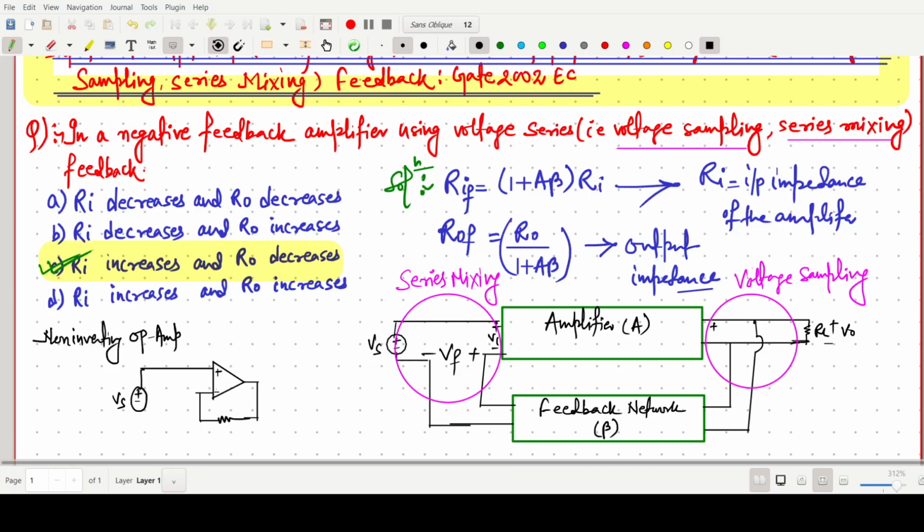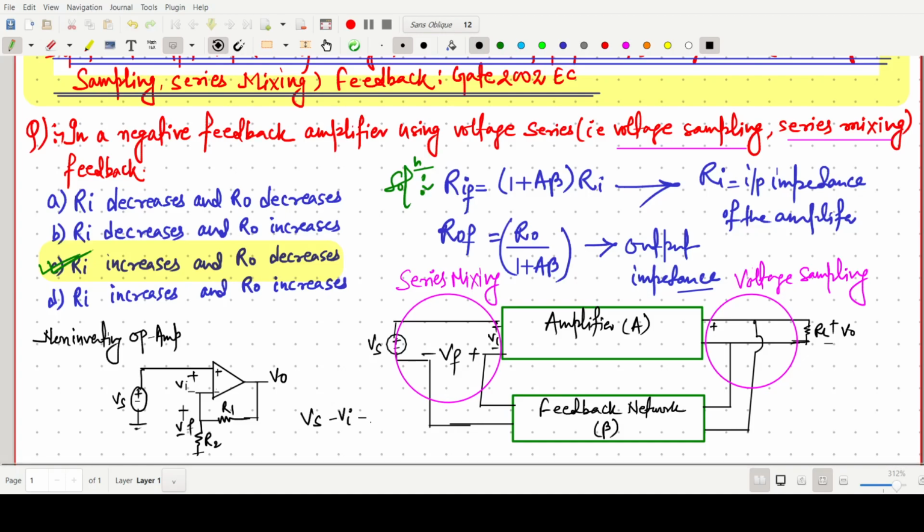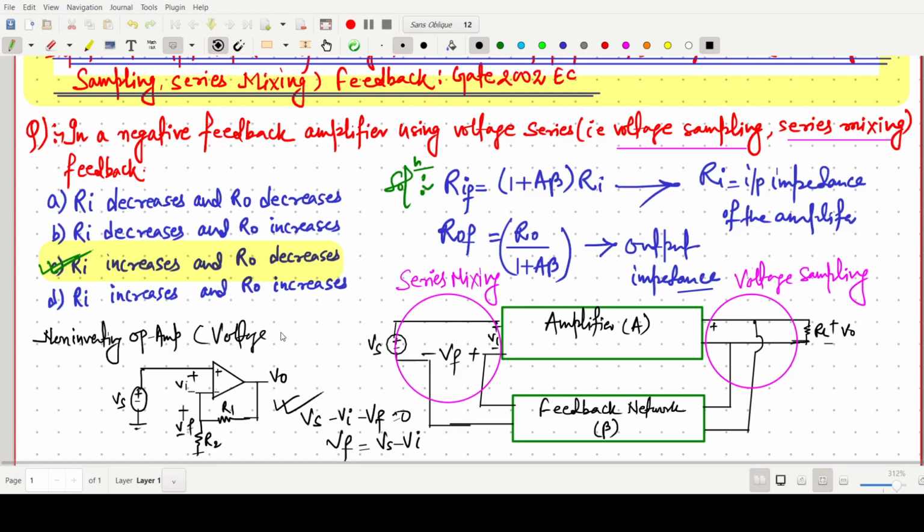This one is also a negative feedback. Say R2, R1, this one is V naught. This will be our plus minus Vi, plus minus Vf. So Vs minus Vi minus Vf equals 0. So here Vf equals Vs minus Vi. So this one is also one example of a voltage series feedback.